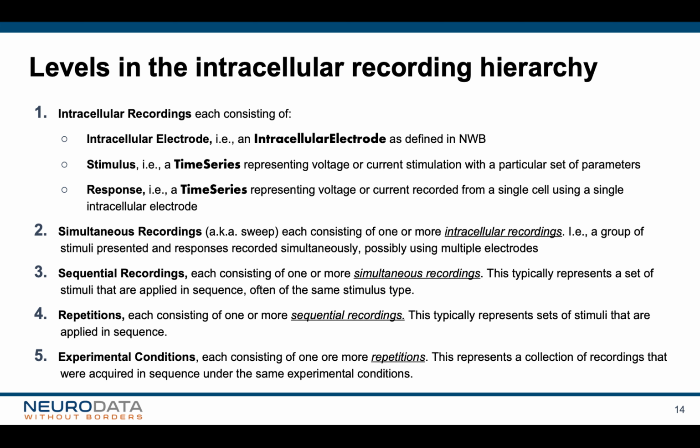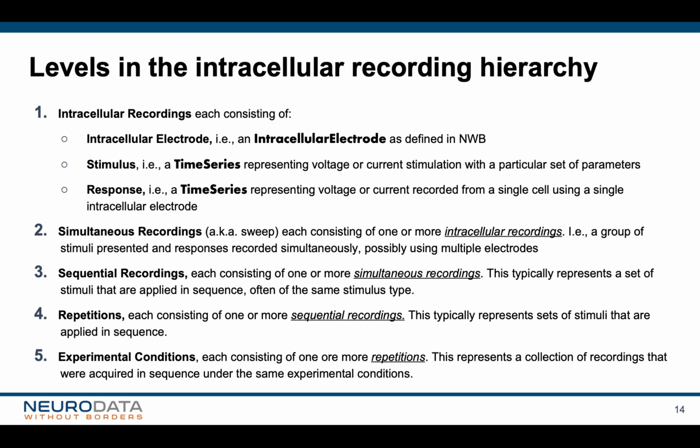Each is a time series that records a voltage or current stimulation or recorded response with a particular set of parameters. We then have the concept of simultaneous recordings, also known as sweeps, which consist of one or more intracellular recordings. That is, we have a group of stimuli that are presented and responses recorded simultaneously, possibly using multiple electrodes.